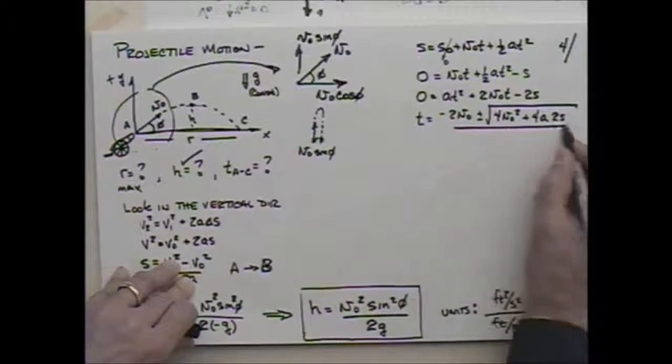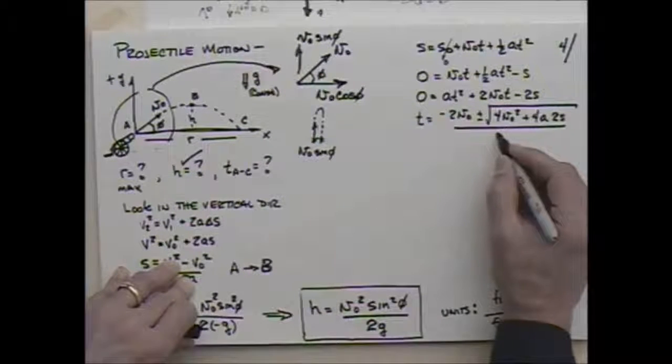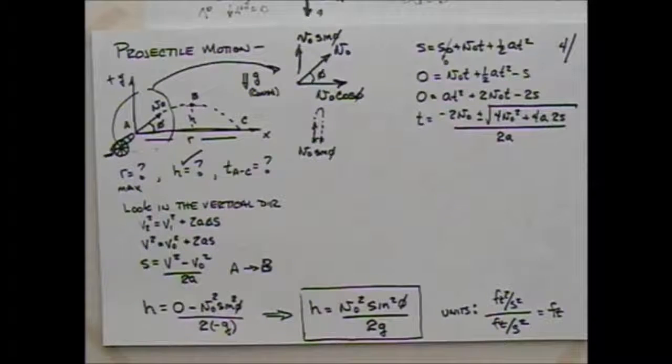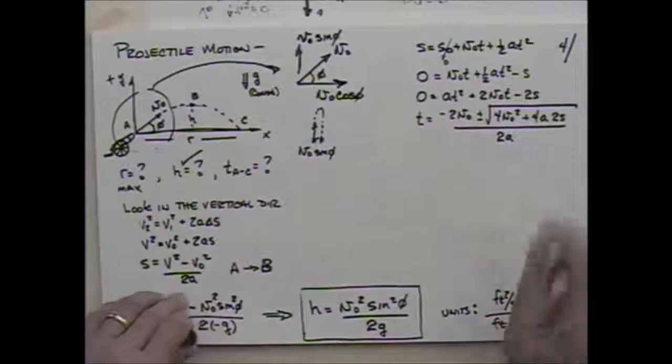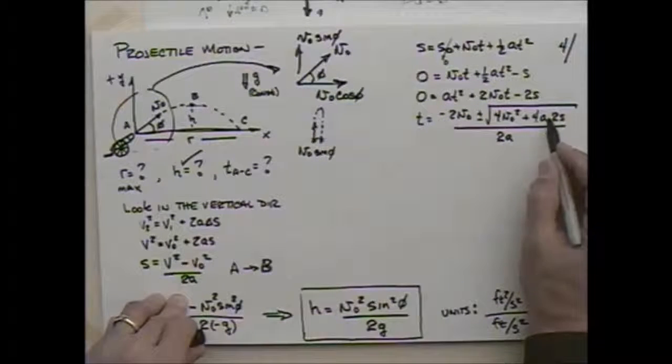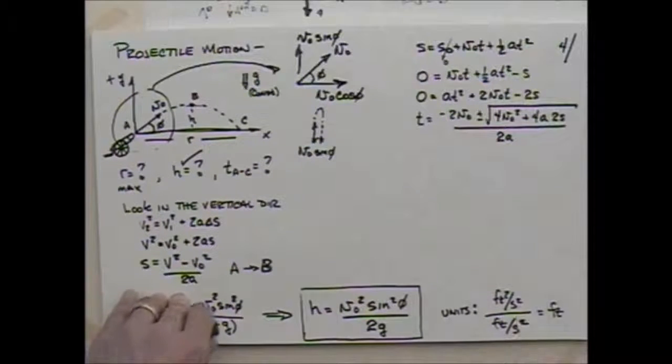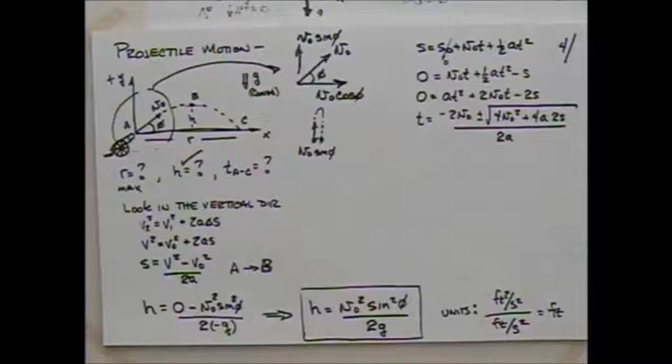And then I have to divide this entire thing by 2a. What's that? Oh, in here? But isn't it plus or, yeah, I got rid of it there with the front side.